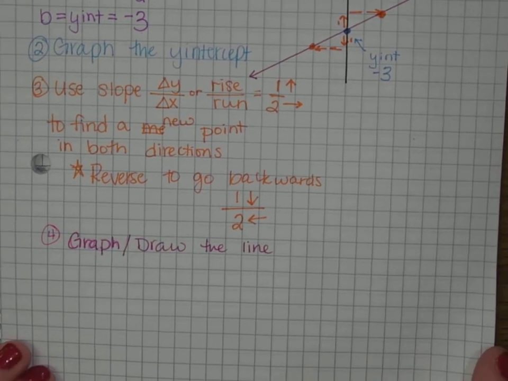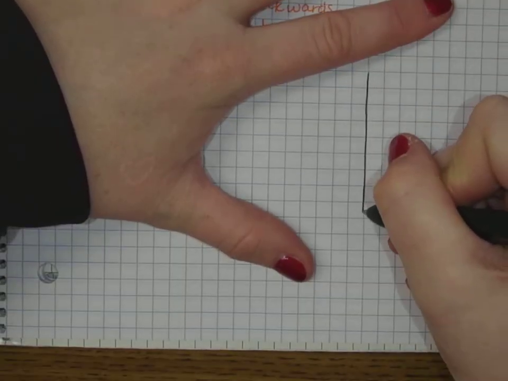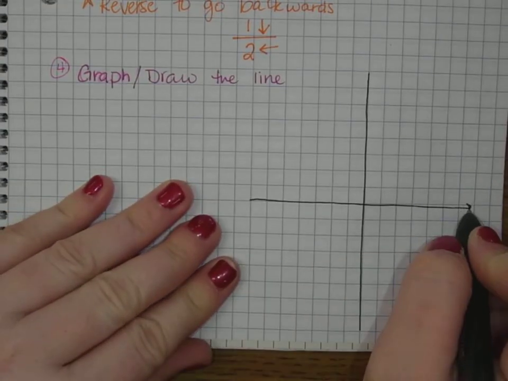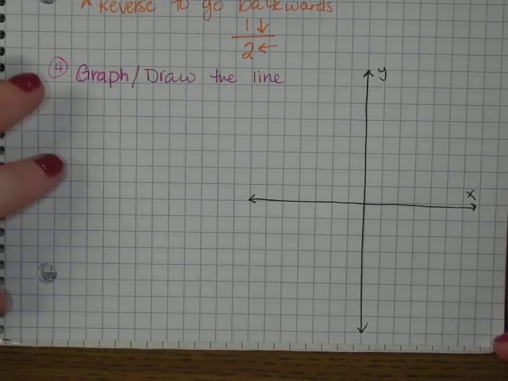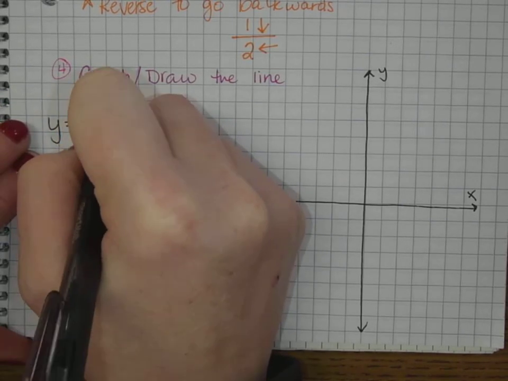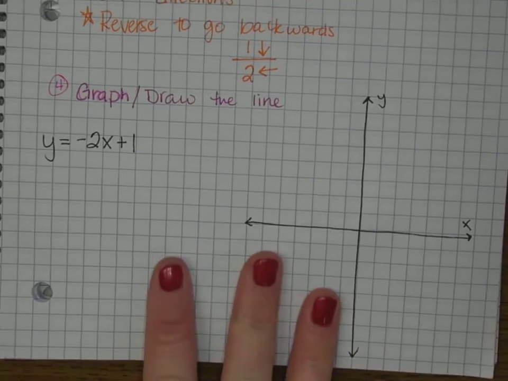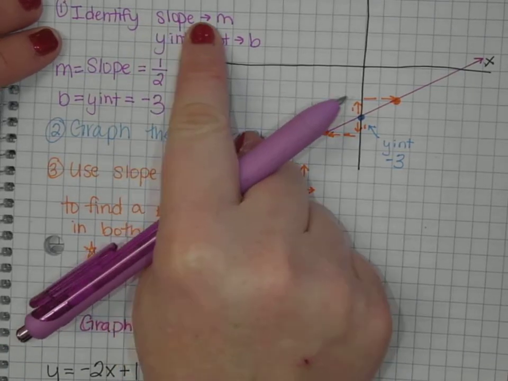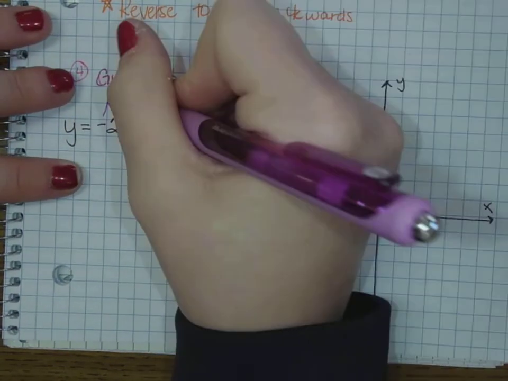Okay, let's do another example. You should have room below that. So that's the y-axis, that's the x-axis. Our next example is y equals negative 2x plus 1. Let's look back at your steps. The first thing I need to do is identify the m and the b. This is our m, this is our b.